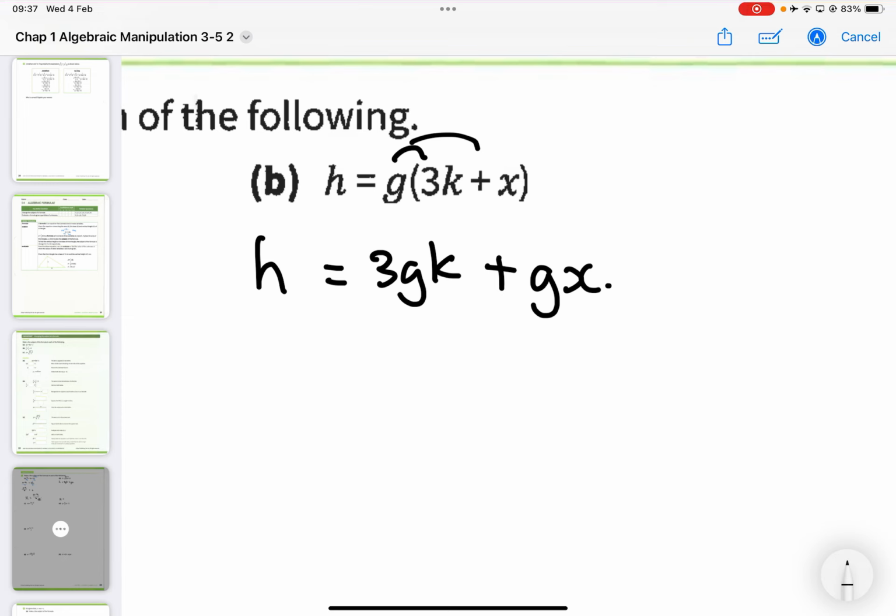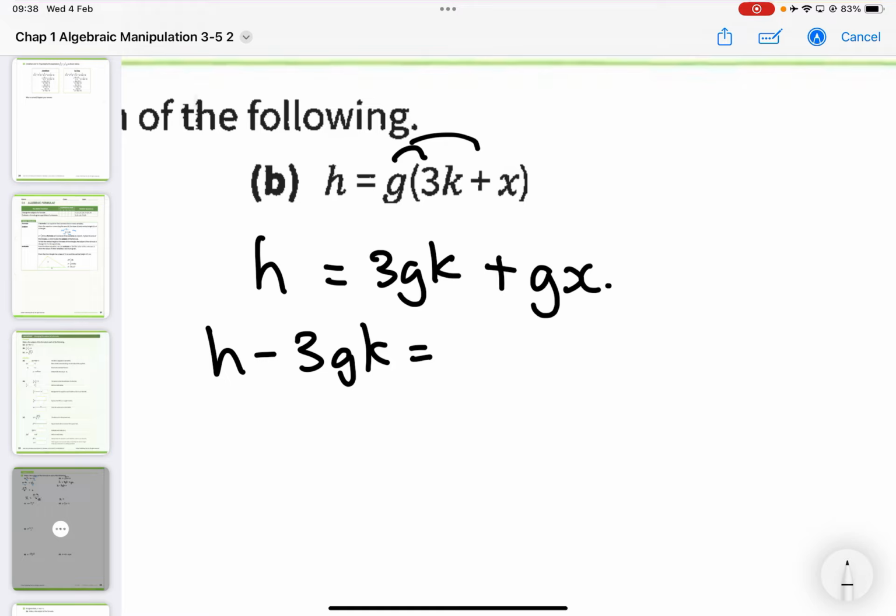3gk is plus 3gk. I want 3gk to disappear from the right. I must minus 3gk on both sides. Once I minus, the left hand side will have a minus 3gk. I minus, it will disappear.